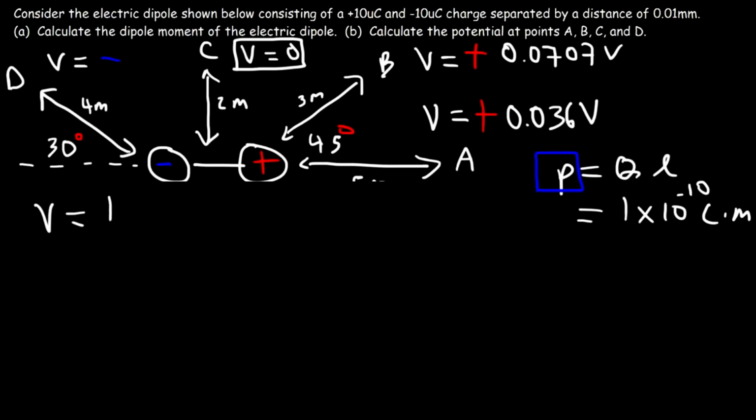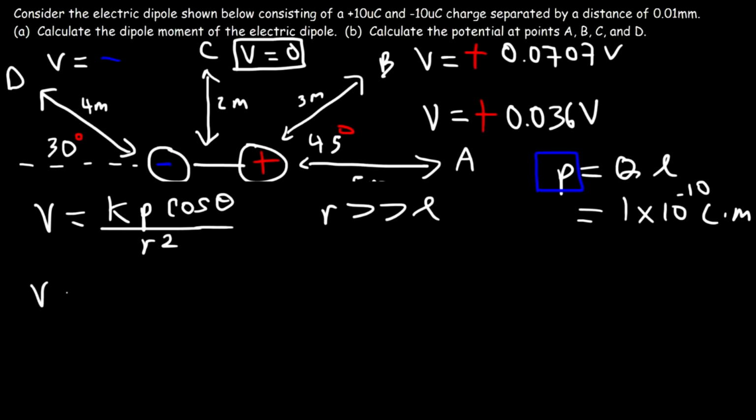So V is going to equal K times the dipole moment multiplied by cosine theta divided by R squared. So it's a lot simpler in this form. However, R still has to be significantly greater than L for this to work. So for part C, it's going to be 9 times 10 to the 9 times the dipole moment, which is 1 times 10 to the negative 10.